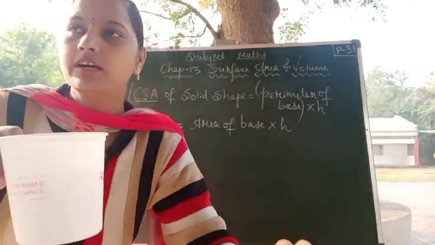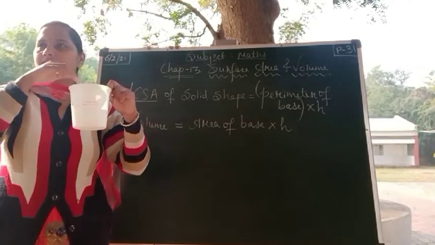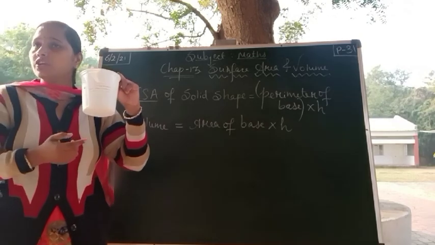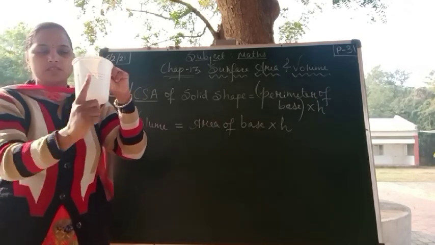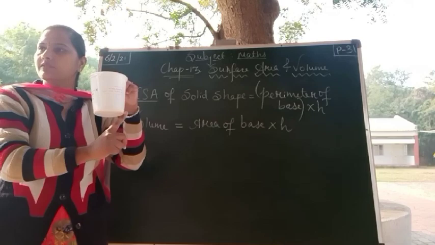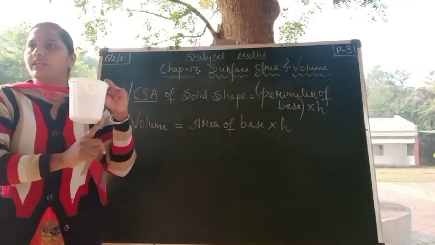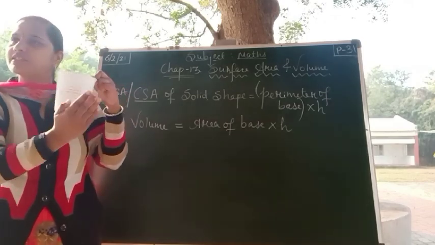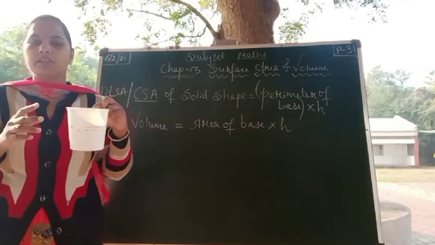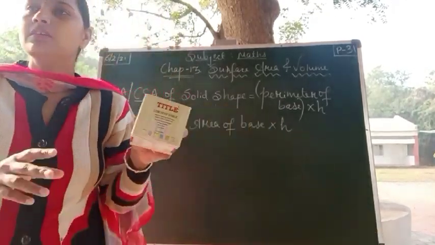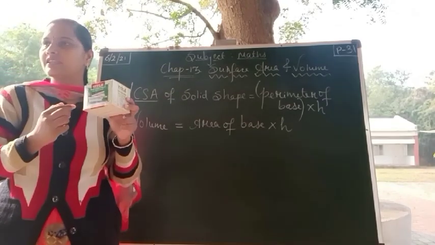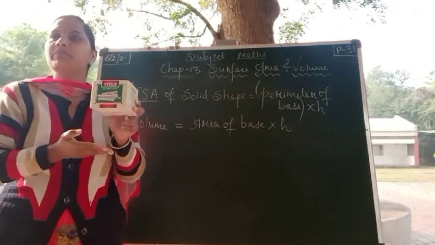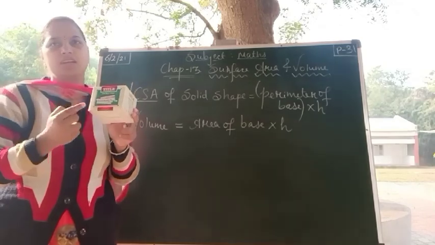And here, if I talk about this cylinder, excluding top and excluding bottom, this is the curved surface area. Yes, because the surface is curved, therefore I am using curved surface area. But if I am talking about surfaces which have sides, excluding top and bottom, this is lateral surface area.